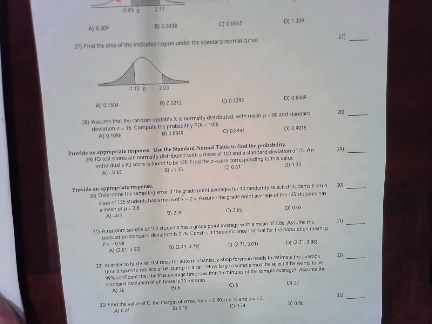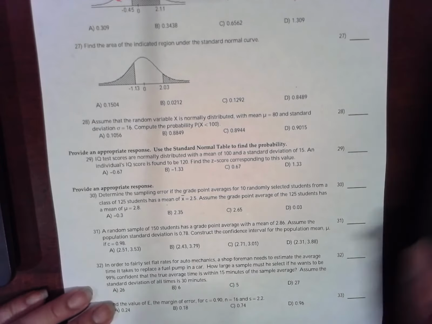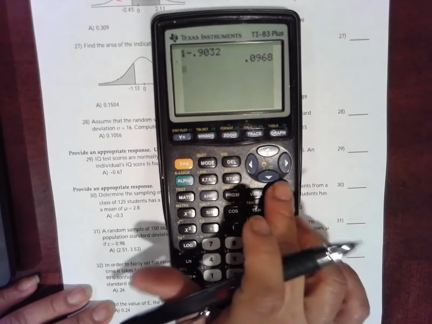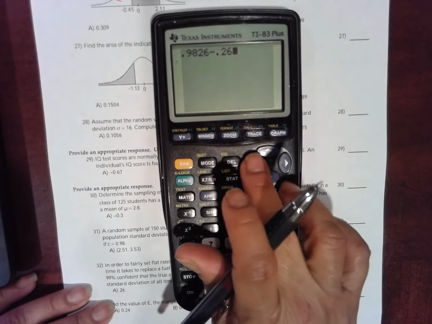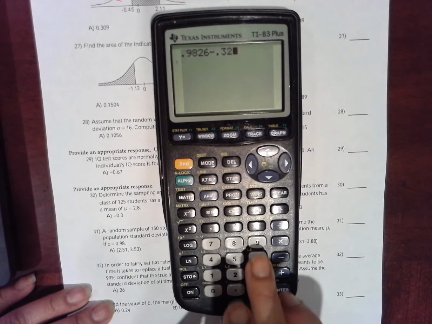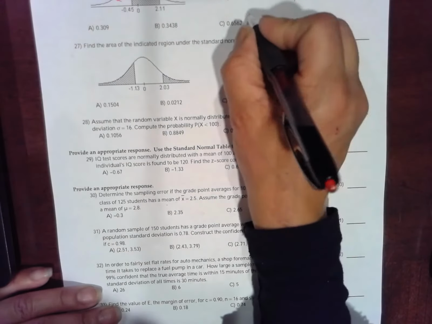So you will subtract those two values in order to get the area between those two. So that will be in your calculator: 0.9826 minus 0.3264, and that will give you 0.6562.